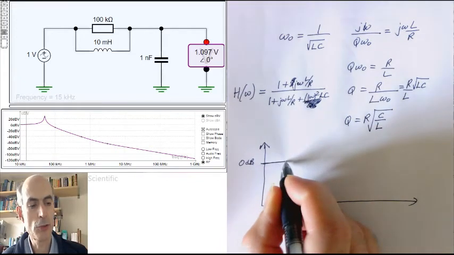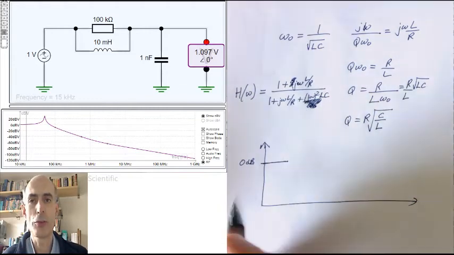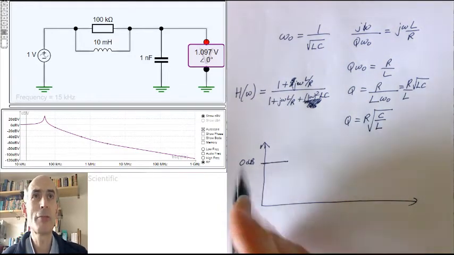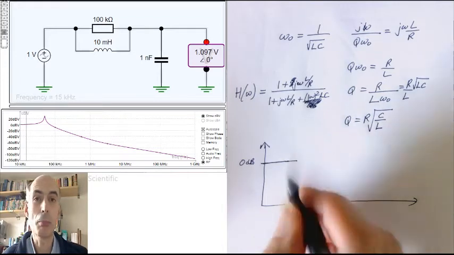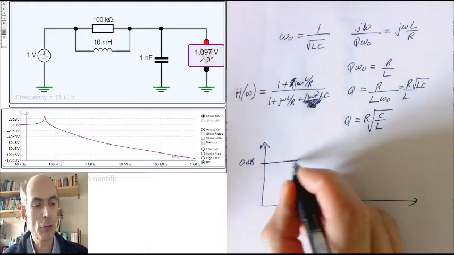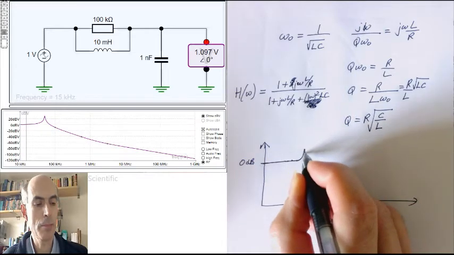So we'll start out at 0 dB. We're going to get to 2 poles and 1 zero. With the particular values of the circuit that we've got here, the poles are complex, and they give us a resonant peak around about the resonant frequency.